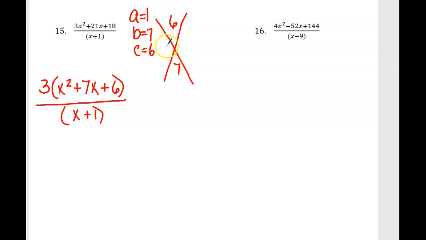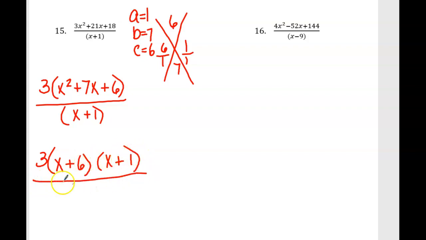We can multiply 6 times 1. All right, again, divide by that leading coefficient. So the numerator can factor into x plus 6 and x plus 1. We're dividing by x plus 1. And the two x plus 1s would cancel out, so our final solution would be 3 times x plus 6, and we would leave it like that.